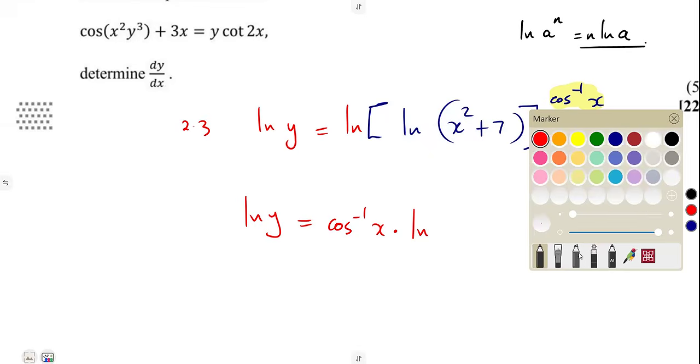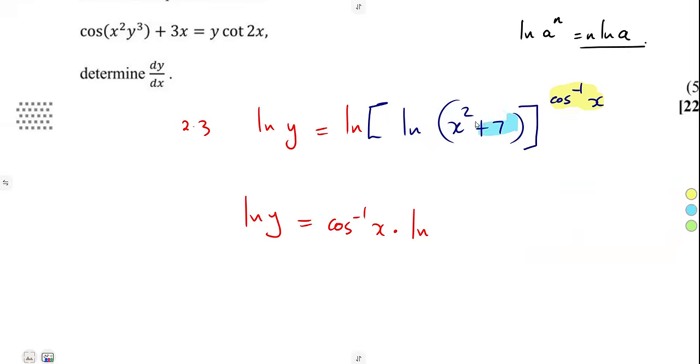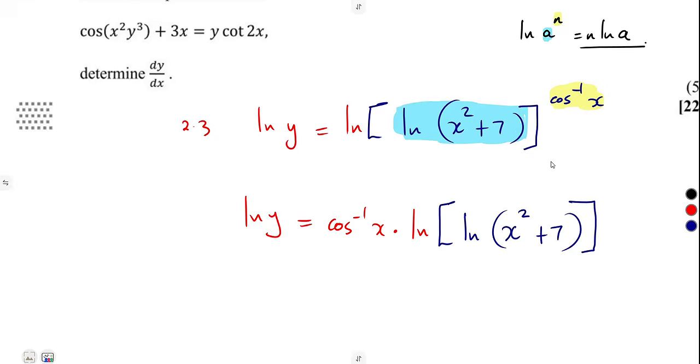The whole part here represents our a, the ln of a to the exponent of n. So it's n ln of our a. So it's going to affect that ln as it is. So that's the ln of x squared plus 7 as it is. All right. But only that we no longer have the exponent.